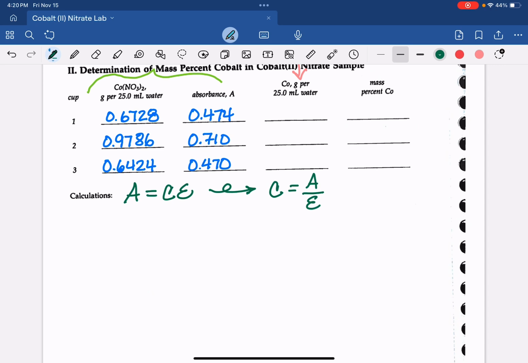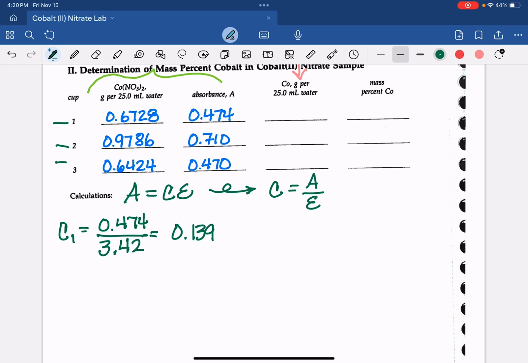All right, now we're going to take each of these cups, all right, and what do we know? Well, for cup number 1, I'm going to call it C1, we know the absorbance, 0.474. Okay, what else do we know? Well, we know the slope because we got that on the previous page from the graph. So mine is 3.42.